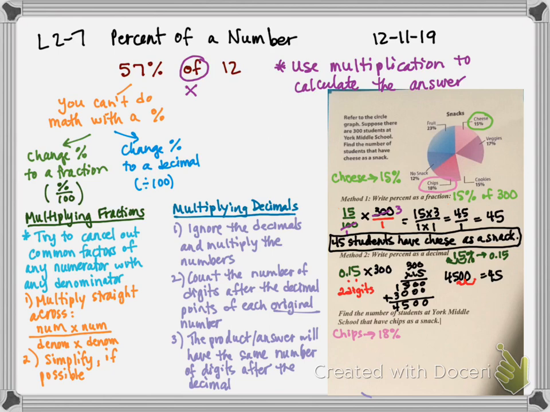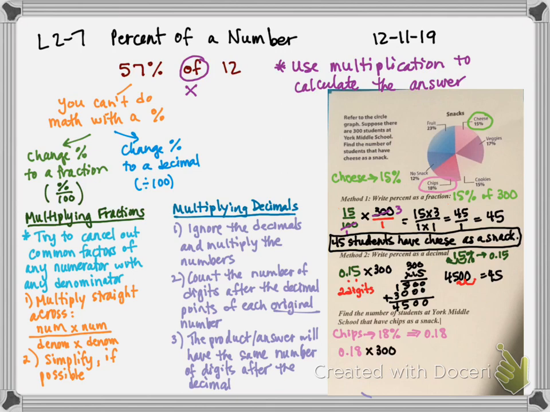Personally, I think changing to decimals is as simple as anything else, so that's what I'm going to do. I'm going to divide by 100 and get 18 hundredths. Then I'm going to multiply it by the number of students at that same school, which is 300.